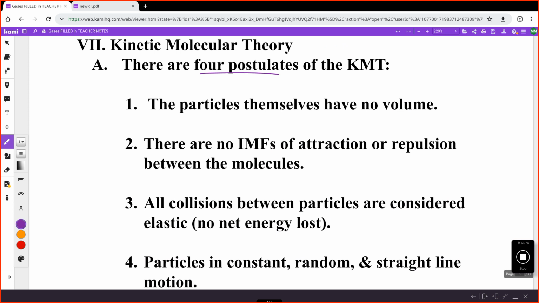Now, how I explain this to my students, and some of you are my students, is I call these the pretend behaviors of gas. Okay, they're the pretend behaviors of gas.